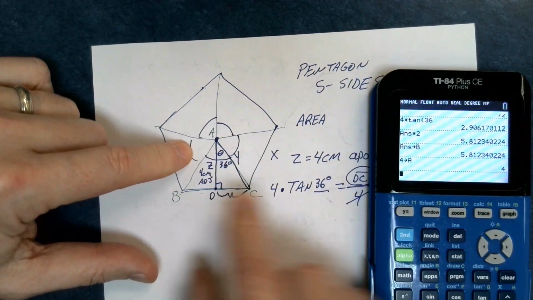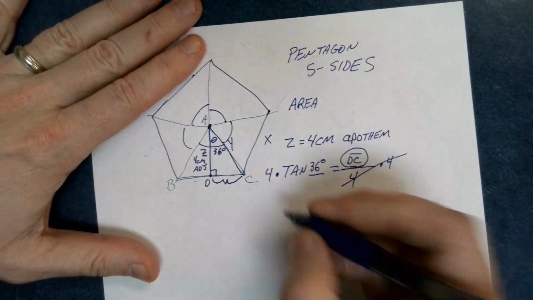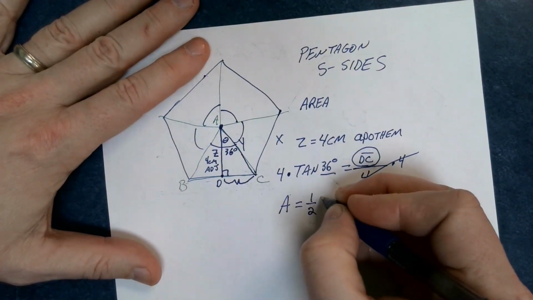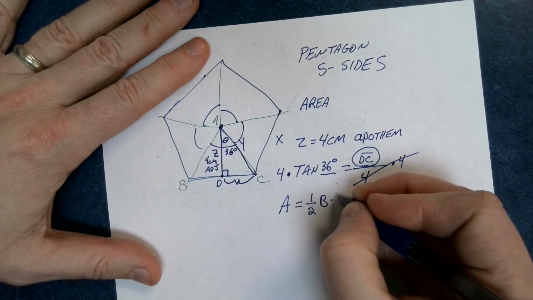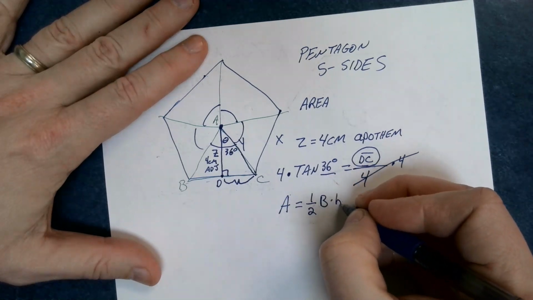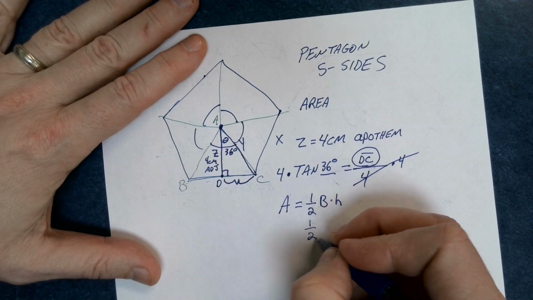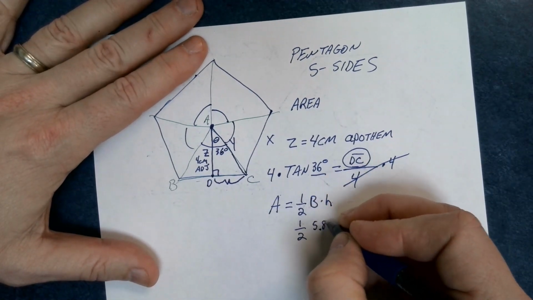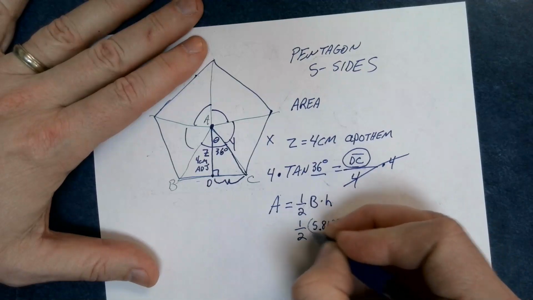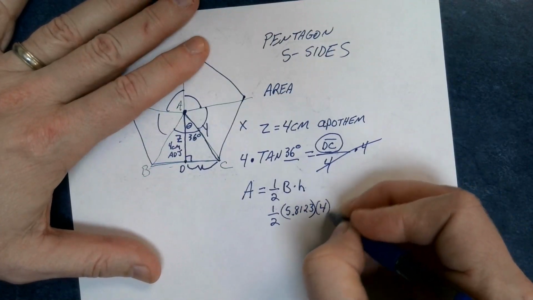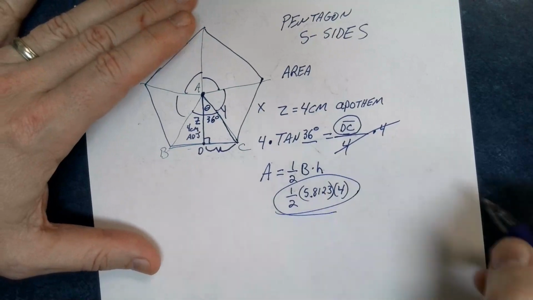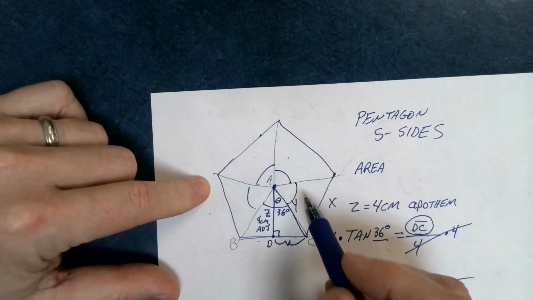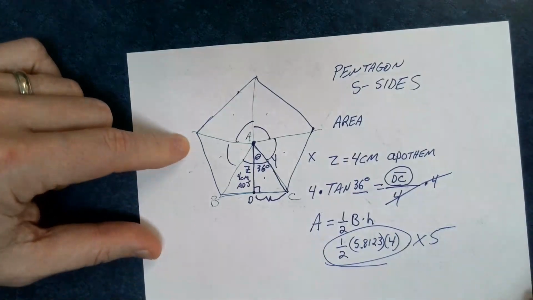Good deal. And I know that the area of that triangle is 1/2 the base times the height. So 1/2 times 5.8123 times the height 4, and that's one triangle, and I have to multiply that by 5 because on a pentagon there's 1, 2, 3, 4, 5 triangles.